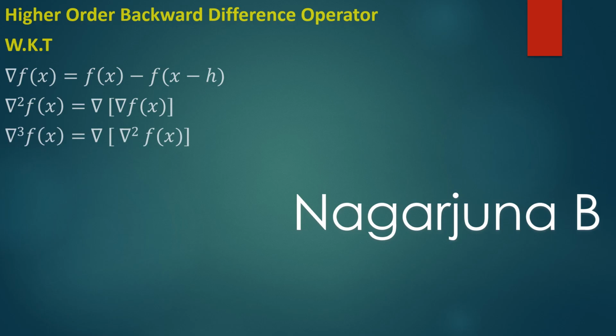Here also, take the expression for del square f of x, substitute it here, apply the rules and simplify, then we get del cube f of x. This one also you can watch in the previous video on higher order forward difference operator. In the same way here also you need to calculate, then we get del cube f of x.